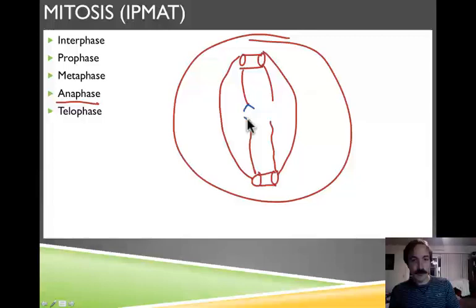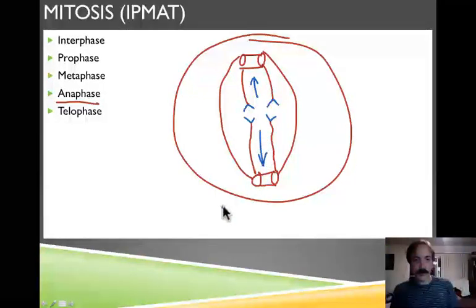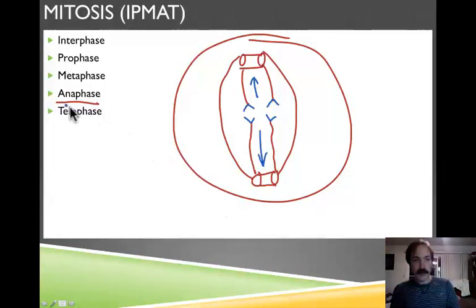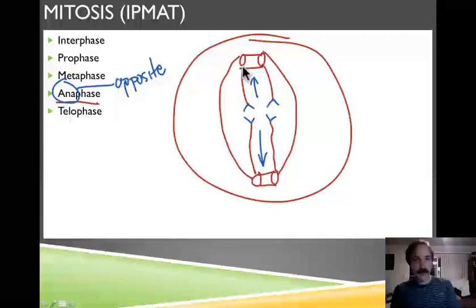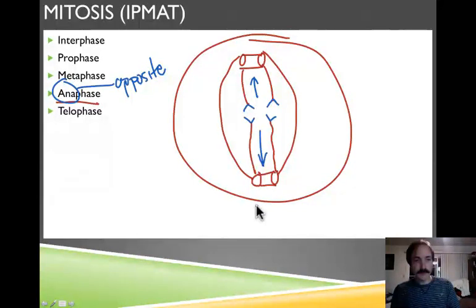We've taken the chromosome and we've split the centromere, the part that was holding the two chromatids together, so that now one chromatid is going this way and the other half chromatid is going this way. So ana again means opposite. You're splitting your chromosome and sending half of it this way and half of it that way.